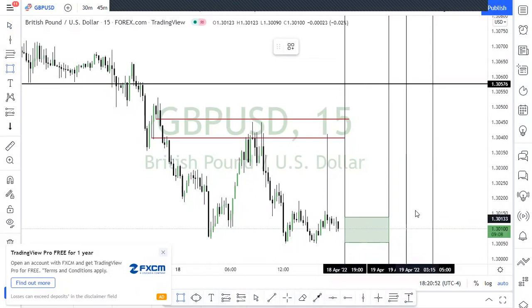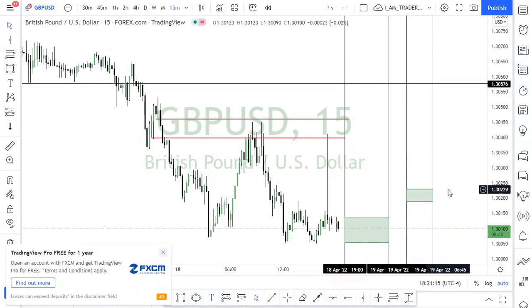The Judas swing begins at 12 a.m. and ends at 5 a.m. But the London kill zone is 2 a.m. to 4 a.m. Understand that. The London kill zone is 2 a.m. to 4 a.m. New York time, but the Judas swing is 12 a.m. to 5 a.m. New York time.